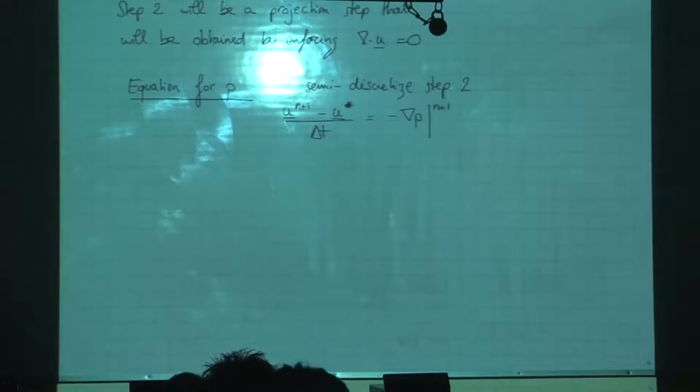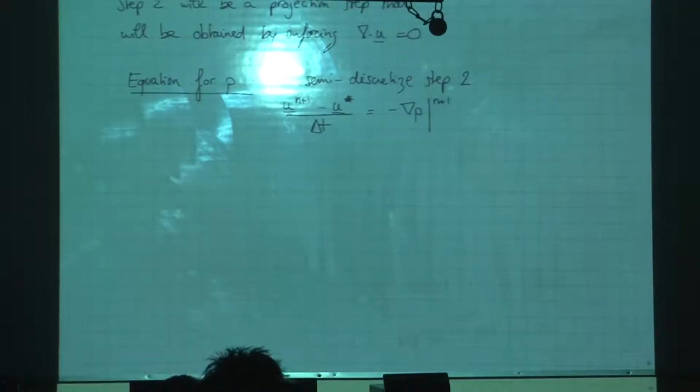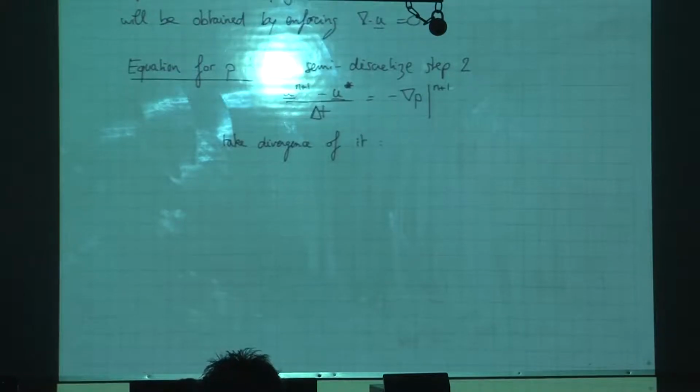Now we're going to take the divergence of that equation. That's going to give me that 1 over delta t times the divergence of un plus 1 minus the divergence of u star is equal to minus the divergence of the gradient of p at n plus 1.